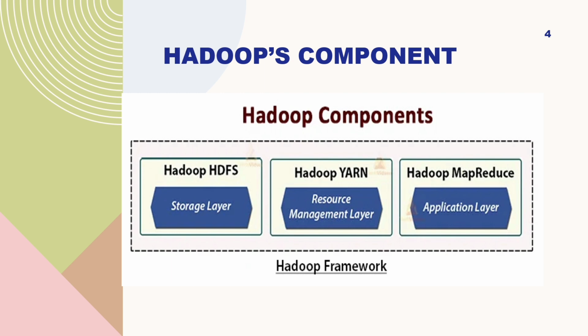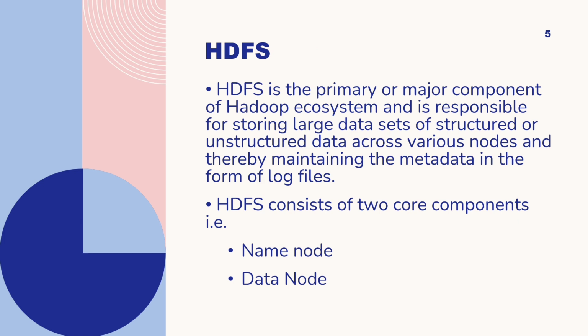So now the components of Hadoop. Mainly there are three components of Hadoop: Hadoop HDFS, Hadoop YARN and Hadoop MapReduce. So first let us understand what is HDFS. The term HDFS stands for Hadoop Distributed File System.